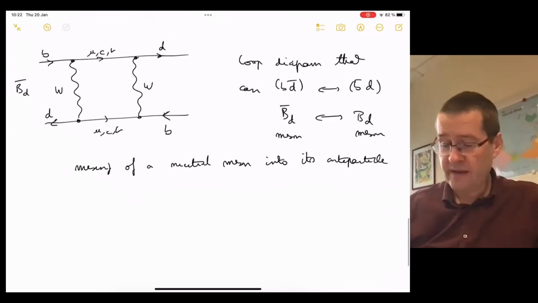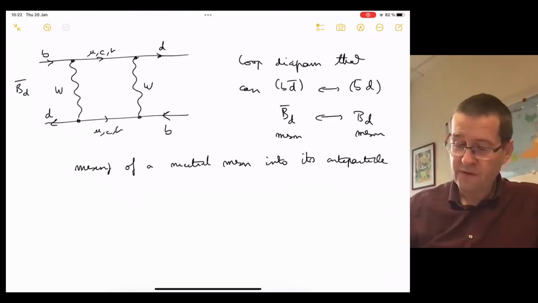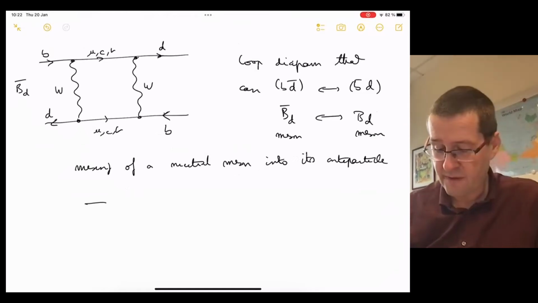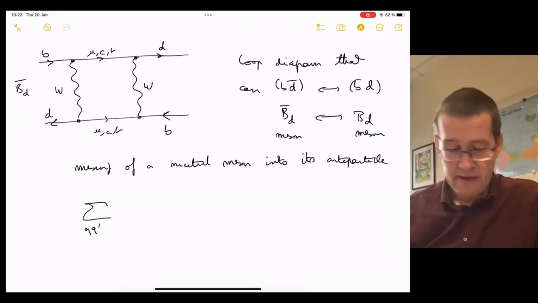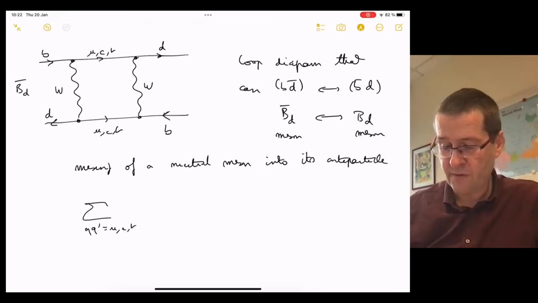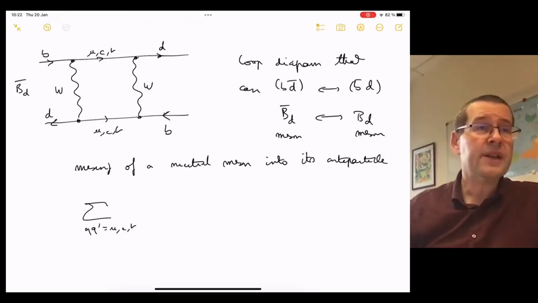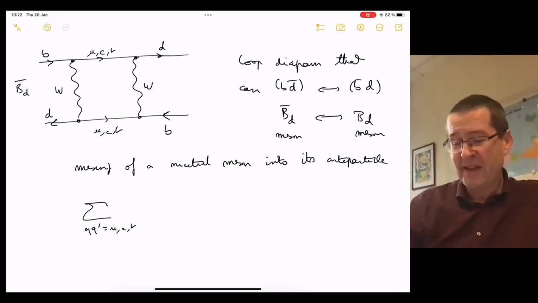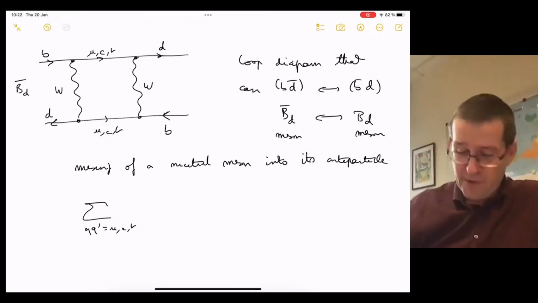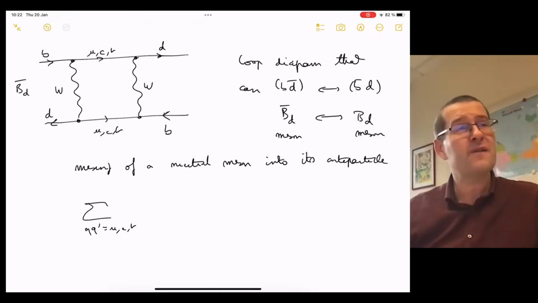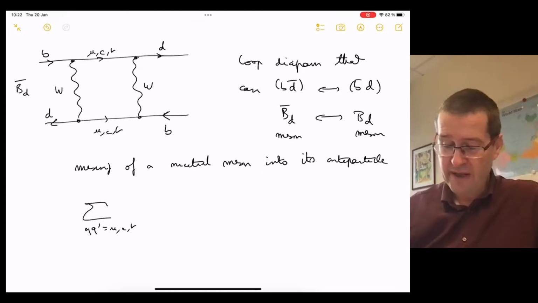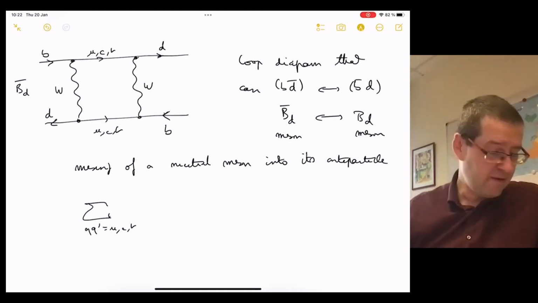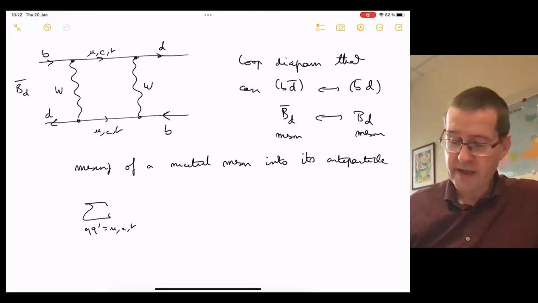So if I try to look at the kind of CKM structure that I will have, this time I have to take into account the fact that in the upper part and the lower part of the diagram, it's not necessarily the same up-type quark that is involved. So in principle, I can have different quarks running in the upper part and the lower part.